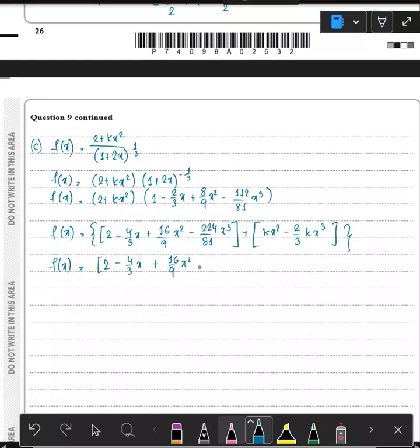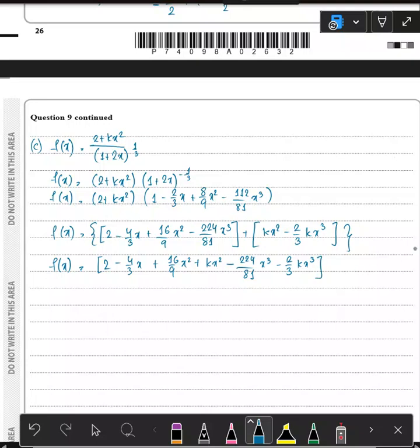And here we had kx squared, so plus kx squared, and here we had negative 224 by 81 x cubed, and here we had negative 2 by 3 k x cubed.